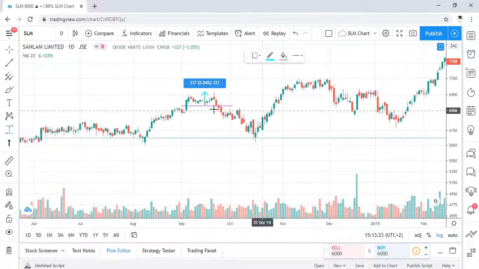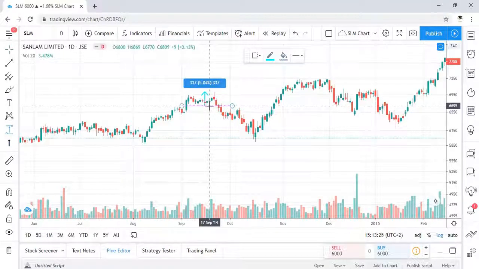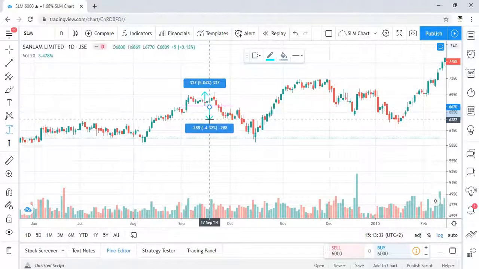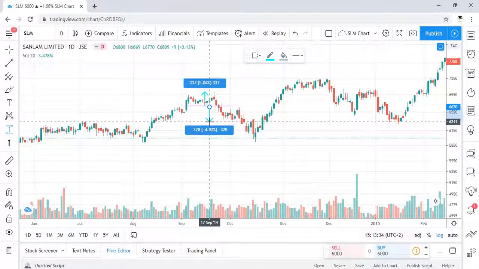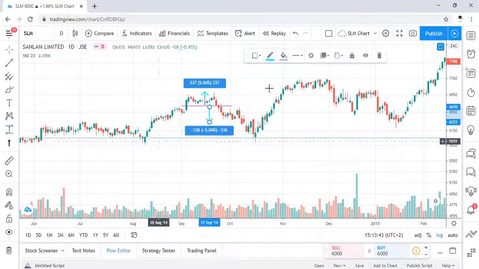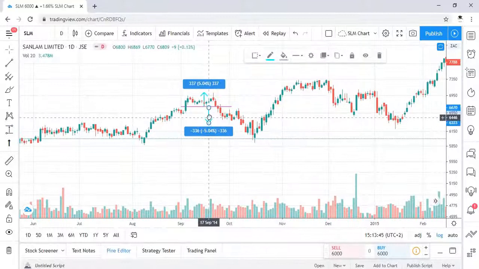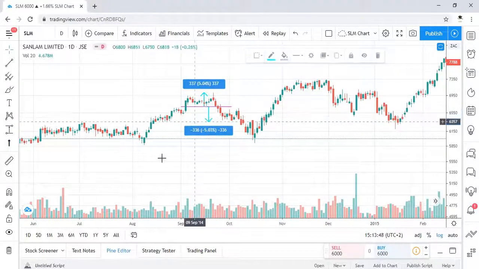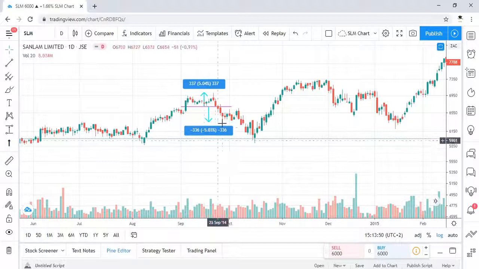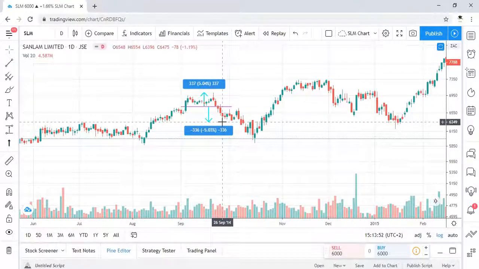So if we are going to come back and start from here going down, we are looking at 337 points. So there we have 336 points. So we are saying this is the target price that you are hoping the price would reach.